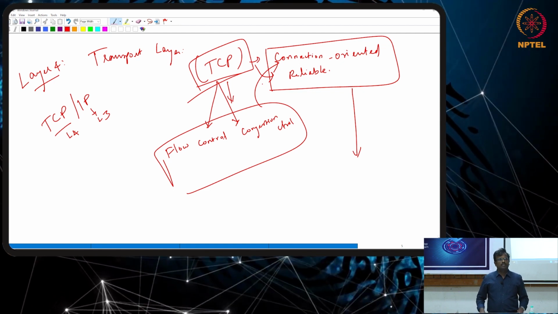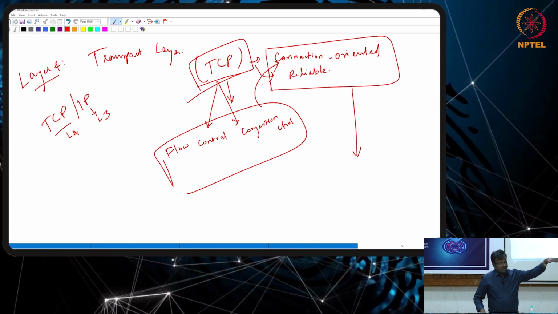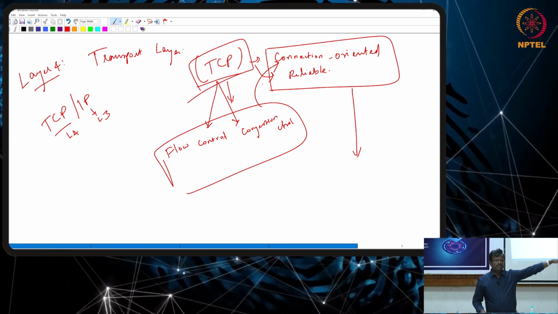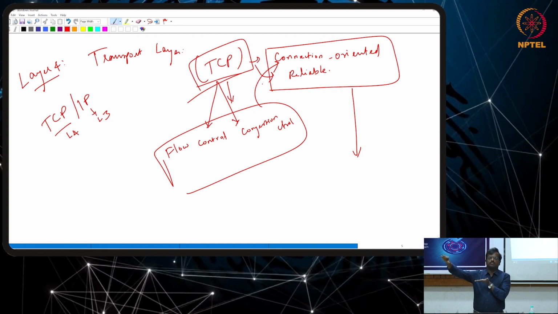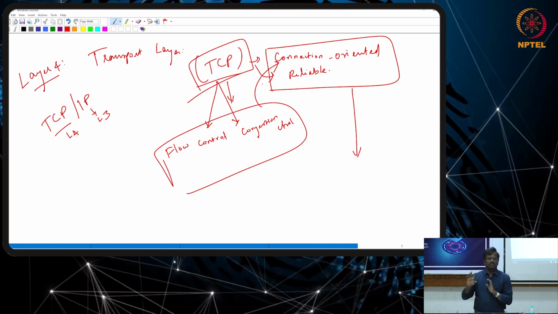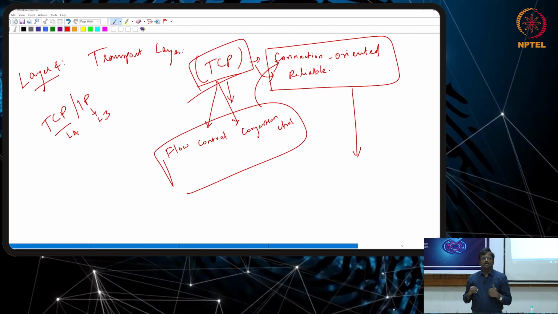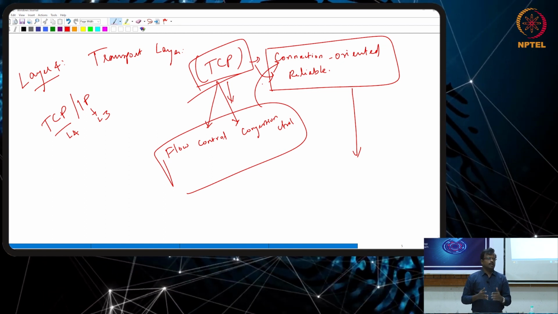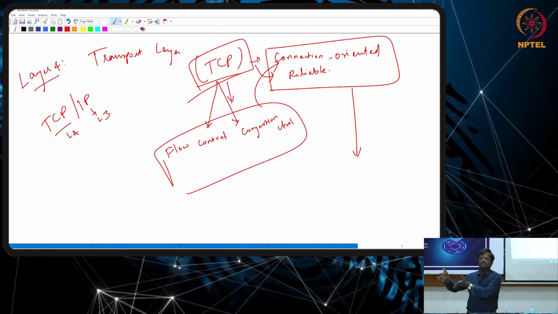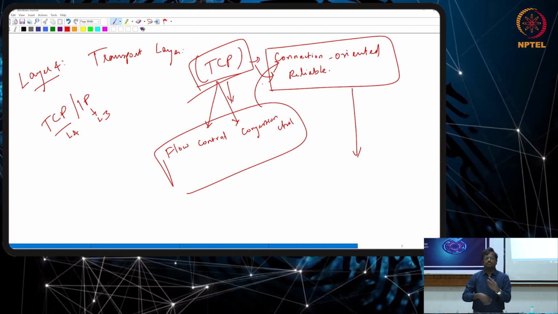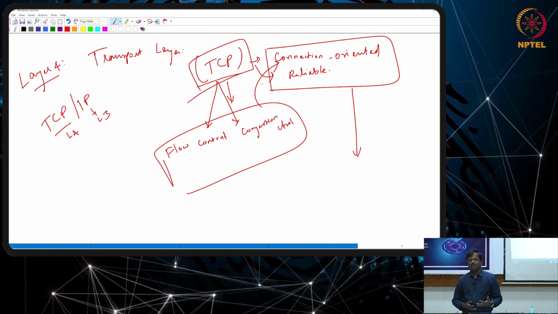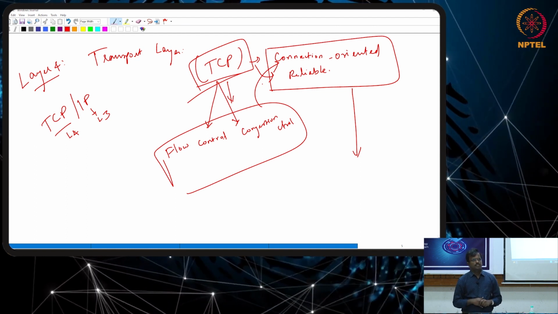Connection orientedness is nothing but this: whatever order I am sending the packets in at the sender process, the receiving process should receive the same set of packets in the same order. Everything should be uncorrupted, nothing should be tampered, and everything should be received in the same order the sender sent it, but the underlying network kind of mixes it up. That is the connection oriented nature.